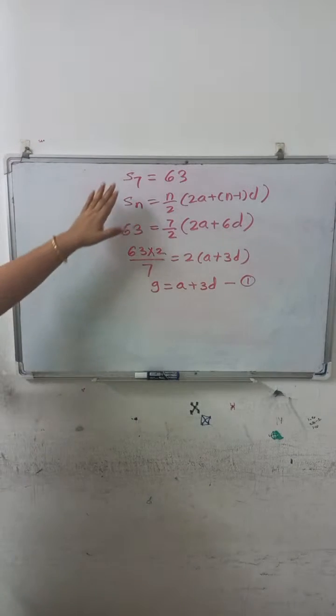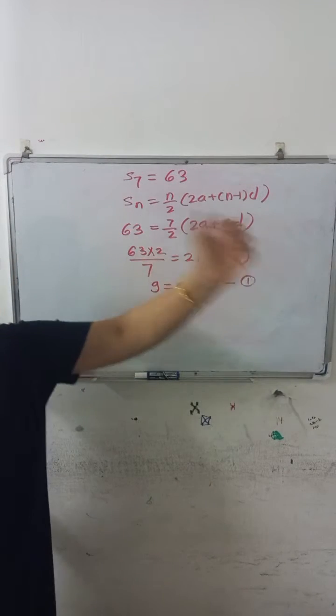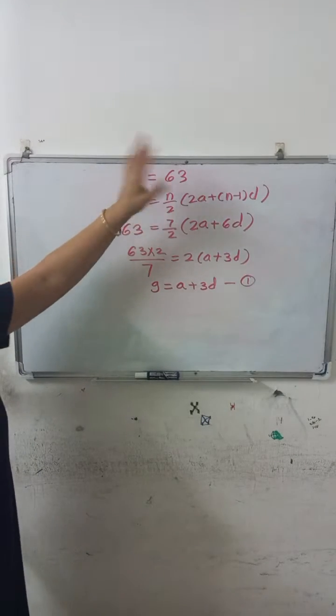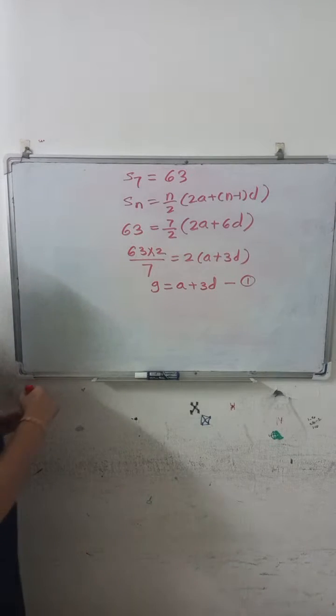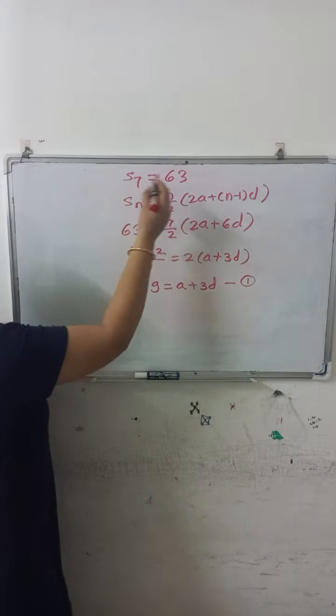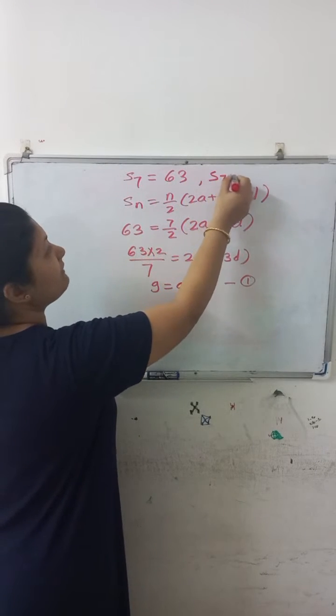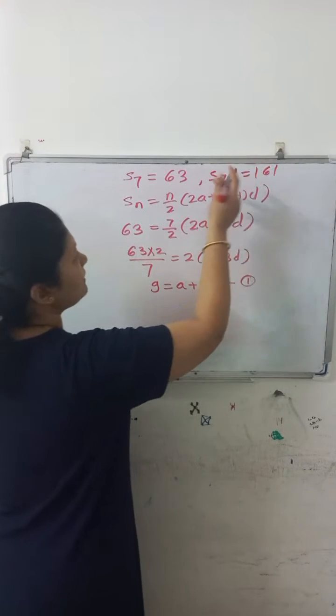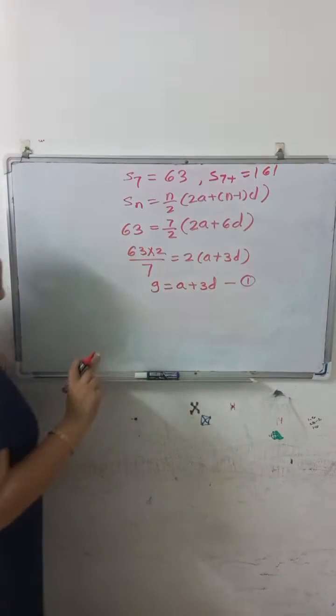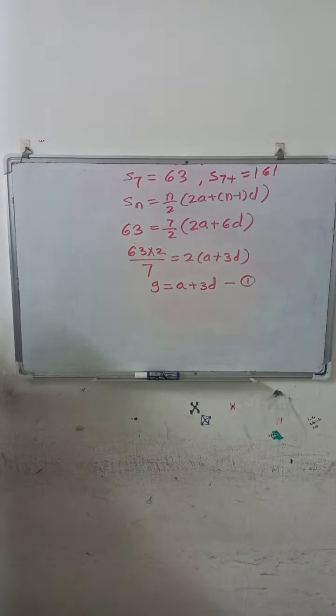It means after these 7 terms, again the next 7 terms are there, and that sum is 161, which is given. So how many terms do we have in total? Initially we have this S7, and after that 7 more, where 161 is given. This 7 terms plus this 7 terms is nothing but 14 terms, correct? Can you get my point?